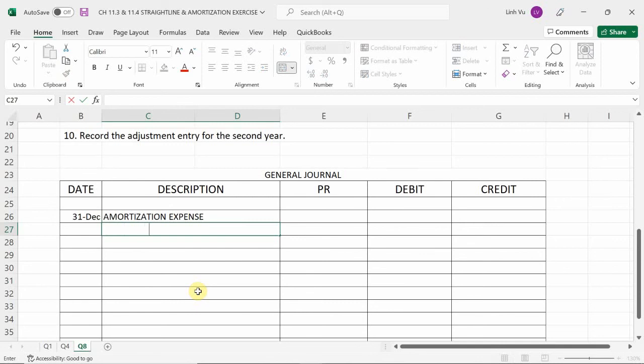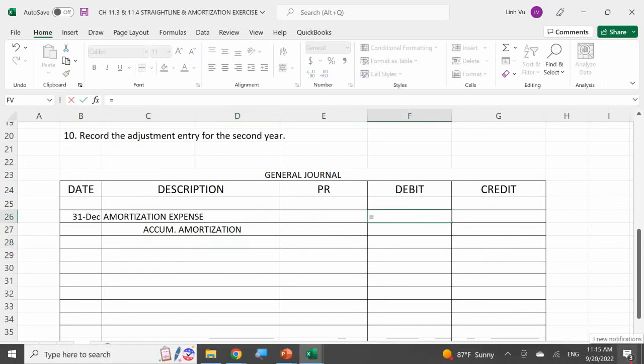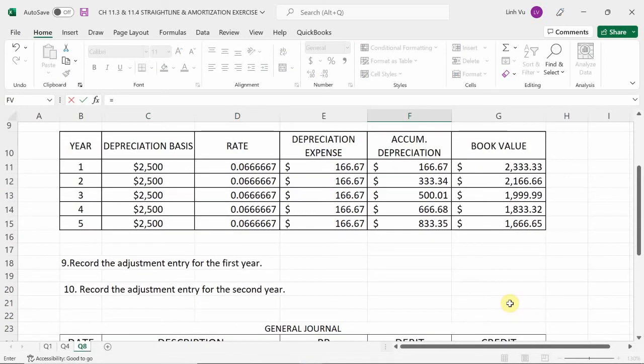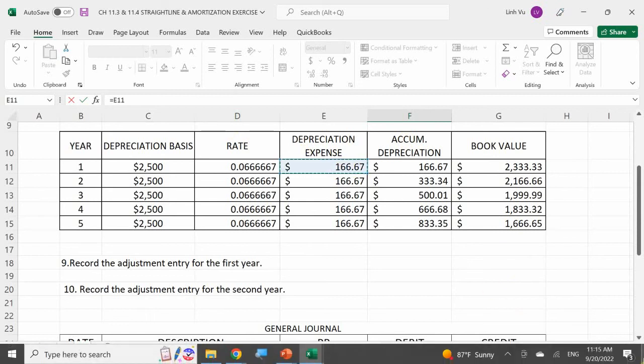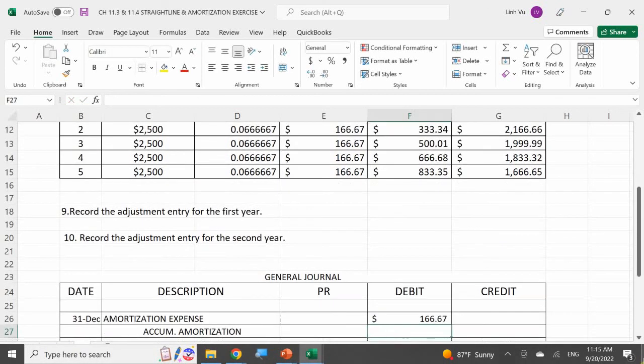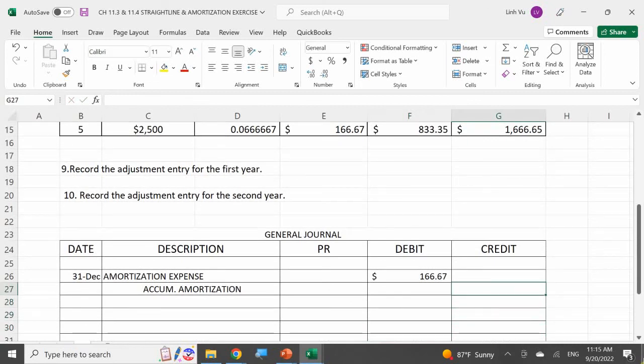And would it be amortization? Yes, accumulated amortization. Good. So for the first year, how much did I amortize this copyright for? 166.67.